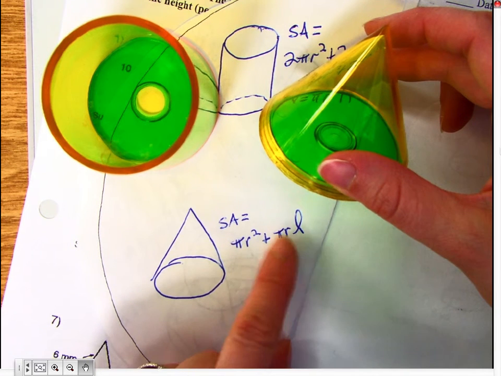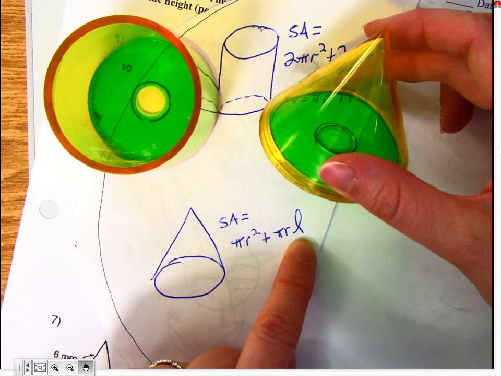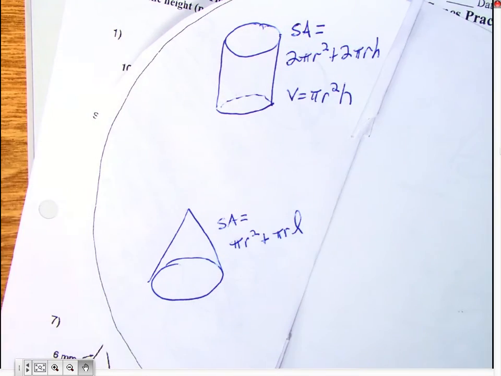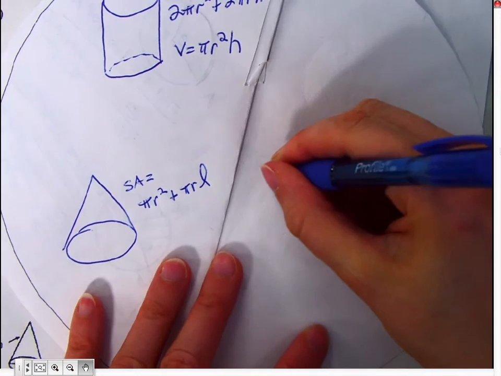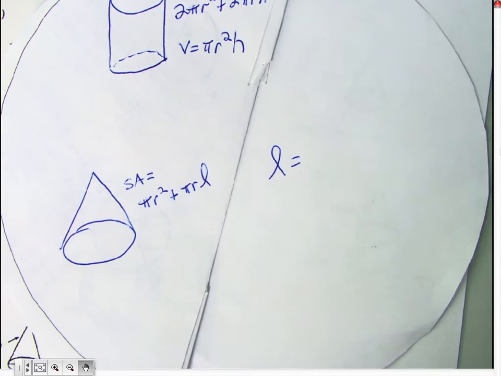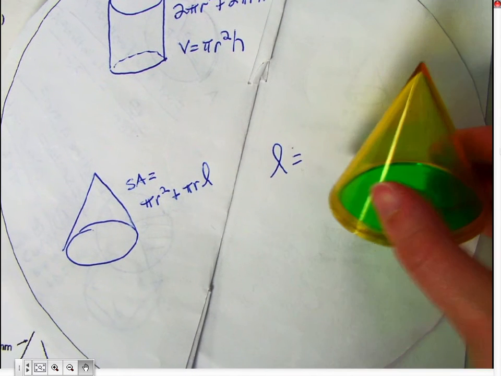Now we're going to talk about the pi r slant height, and what that means. So we're going to start with what slant height is. We're going to move over and say slant height equals, and talk about what slant height is equal to. Now, what is slant height? If you're looking at a cone, guys, what do we think the slant height would be versus the height?